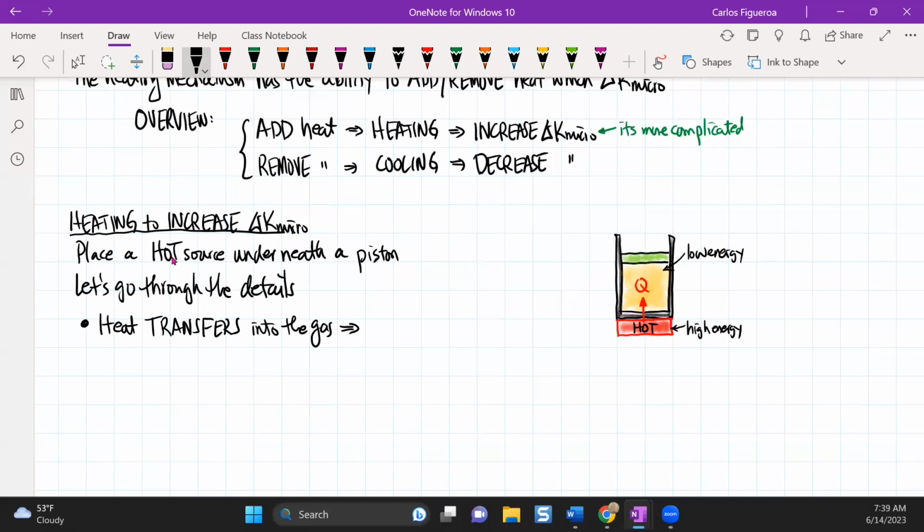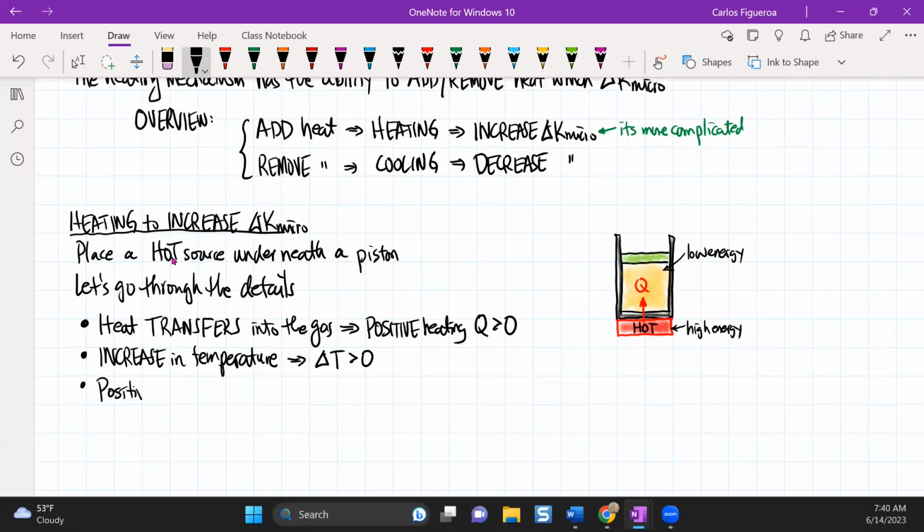In other words, we have positive heating, which tells us that Q has to be positive. Now there's an increase in temperature. Because there's an increase in temperature of the gas, the change in temperature has to be positive.